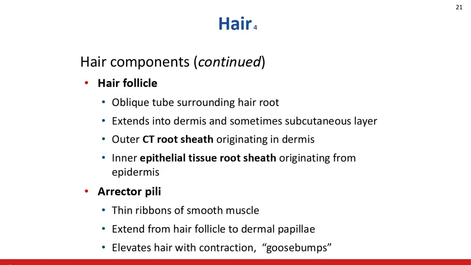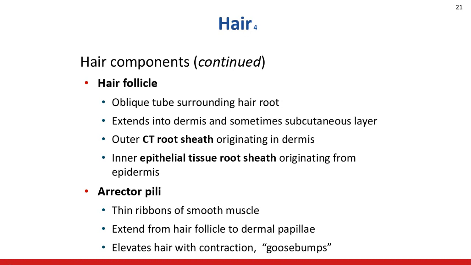The last two structures I want you to know for the hair are the hair follicle and the arrector pili. Think of the hair follicle as an envelope and the hair as the letter. It's the outer covering of the hair when it's underneath the surface of the skin.